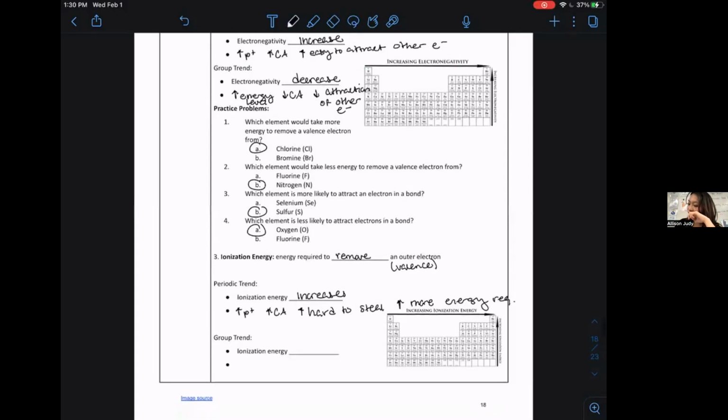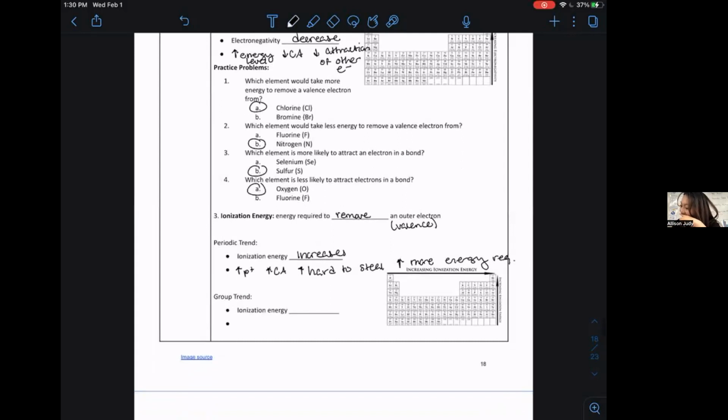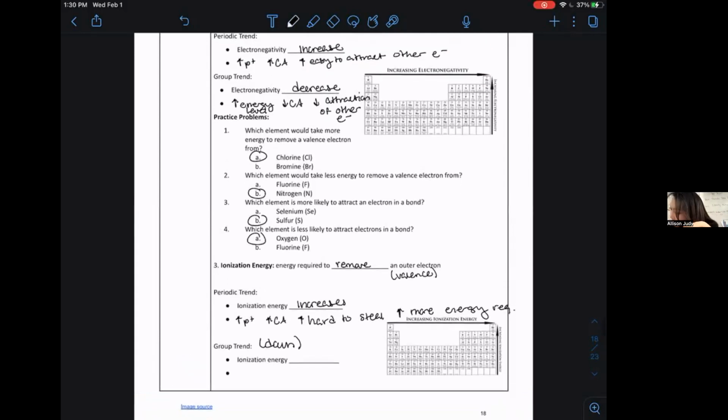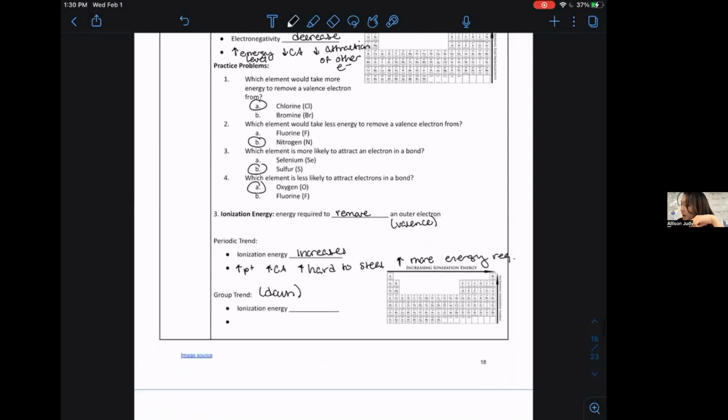So the first was how easy or hard it is to take other people's electrons, and this is about whether you can keep your own electrons. You're technically reversing it, but you can think of it that way. Going down a group, ionization energy decreases, for the exact opposite reason.